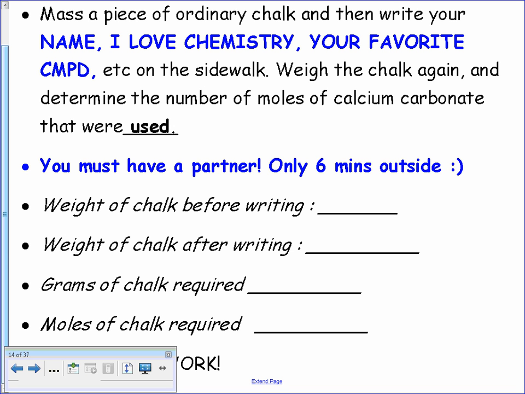So mass it now, write it down. Everybody has to do this.